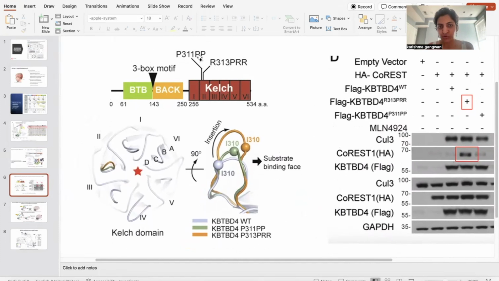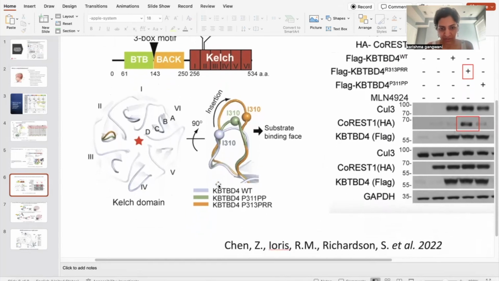So they introduced two prolines, and then at R313 they introduced a proline and two arginines. So what ends up happening is, as you can see in this colorful diagram below it, where there is the loop of the KBTBD4 Kelch2 repeat shown, you can see that there is an increased length of the loop, and that is where there is the substrate binding pocket.